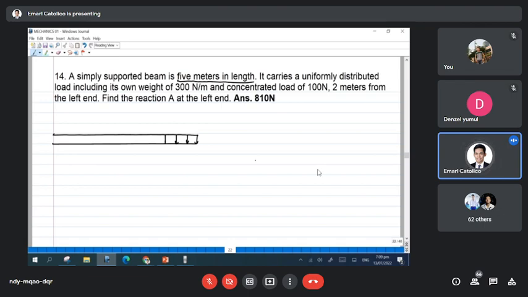Uniformly distributed, ibig sabihin, pare-pareho yung force mo yan. Uniformly distributed, including its own weight of 300 Newton per meter. So, itong uniform distributed is 300 Newton per meter. Okay. So, meron kang point A. Then, let's say ito, lagay natin as point B.